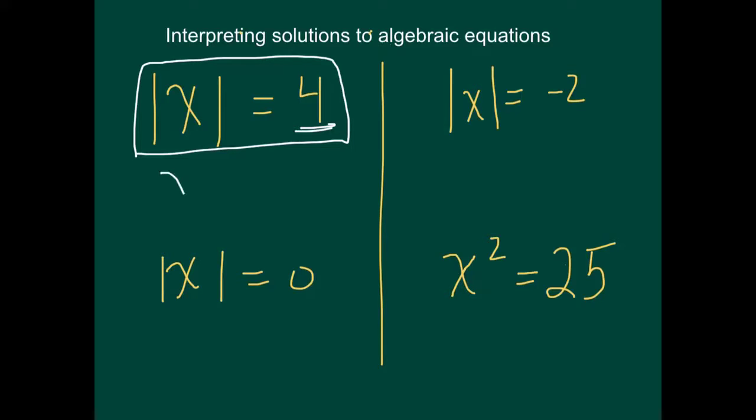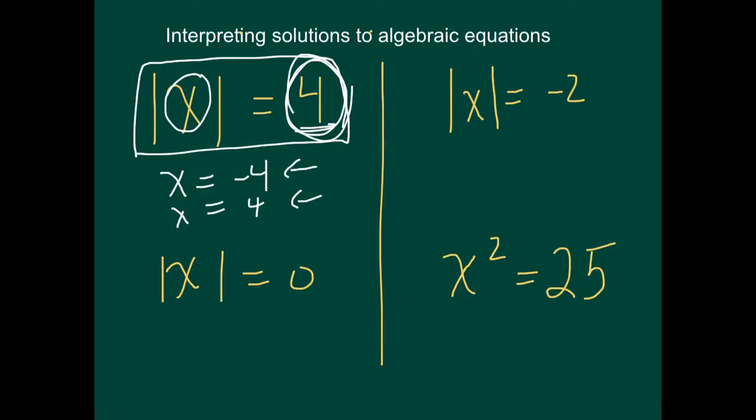This will have two solutions. X could be equal to negative 4, or x could equal 4.